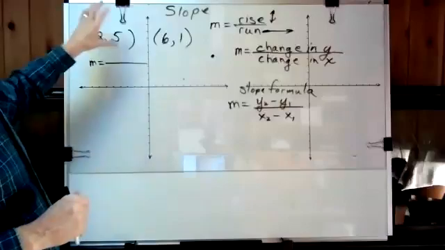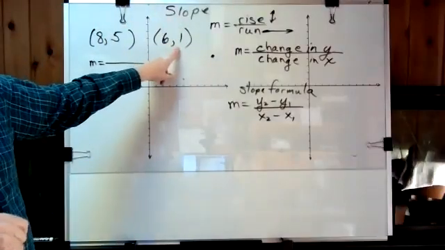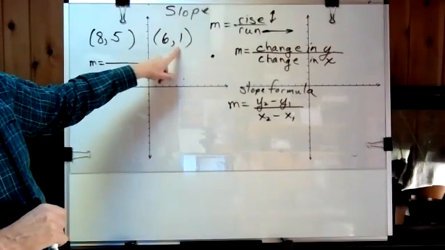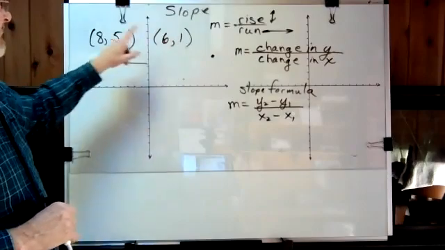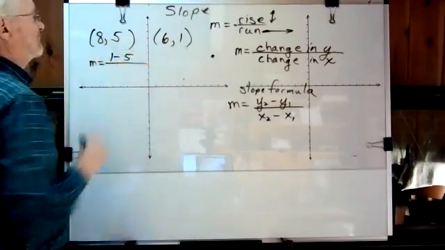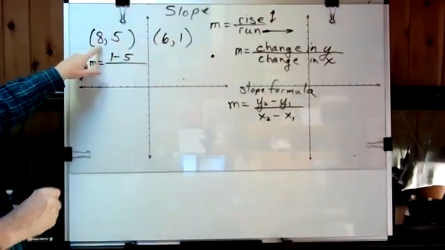Just because I wrote point 1, point 2, you might say order left to right. Let's call this point 1. Let's call this point 2. Change in y: 1 minus 5. Change in x: 6 minus 8.